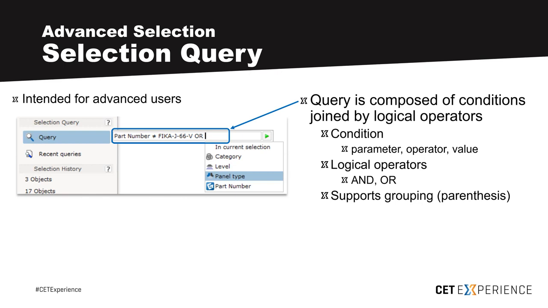So here, part number not equal to FICA J66V is one condition, with part number being the parameter, not equals being the operator, and that part number you see there is the value. It also supports grouping using parentheses, so as you build more complex queries, you can control the order of operations that way.